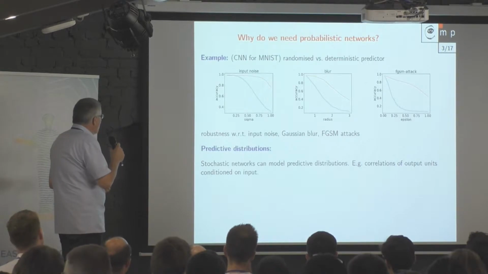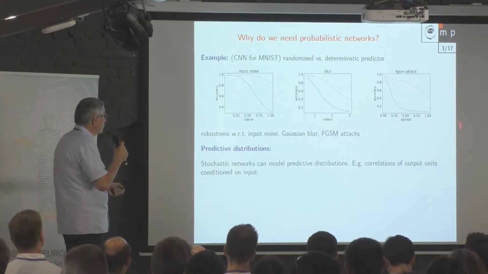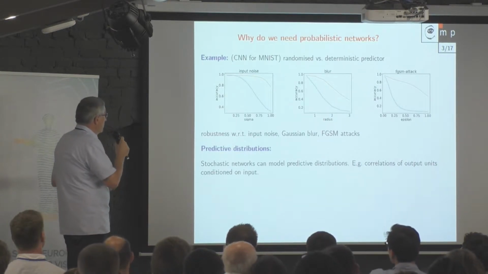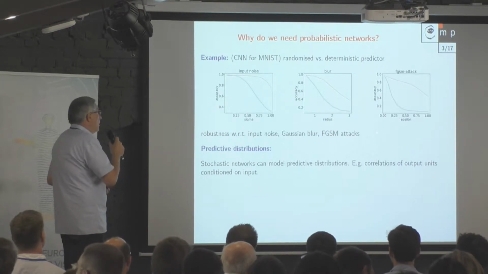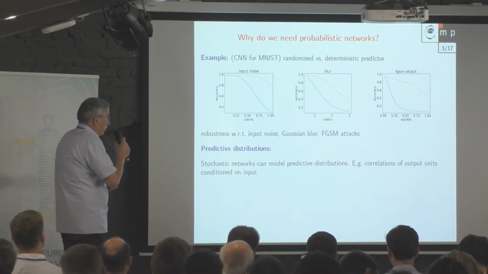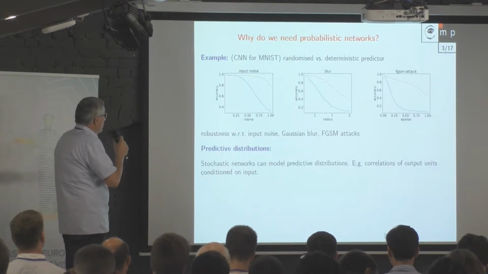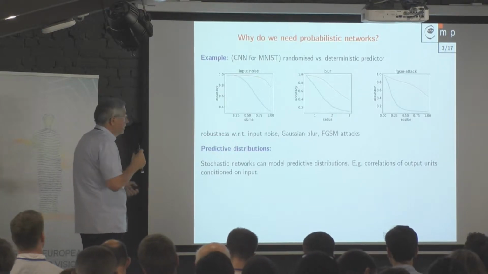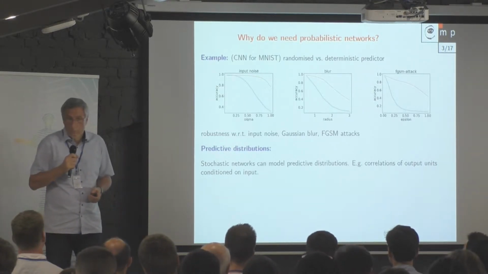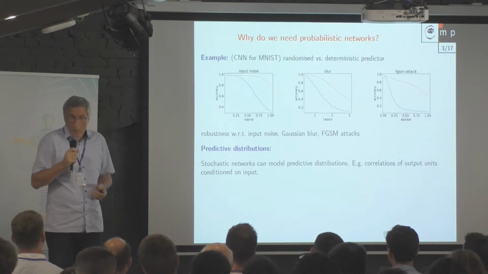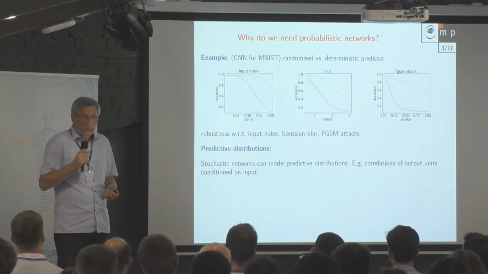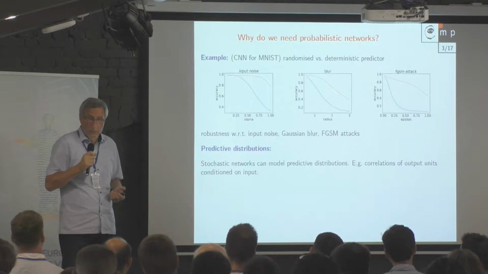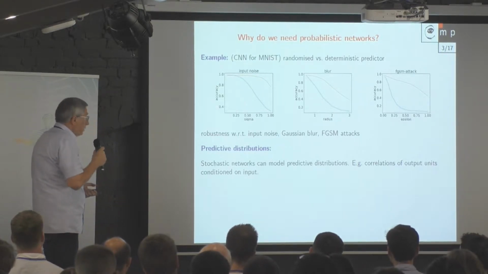The blue curves show the robustness with respect to these different types of changes, of noises or blurring, of the standard deterministic predictor, and the orange one the same for the randomized predictor. We were not trying to apply some kind of specialized adversarial learning here. Just use injected noise in your units, and then learn it.